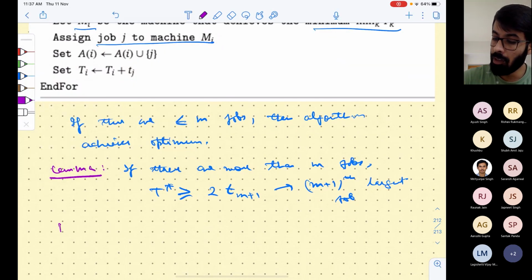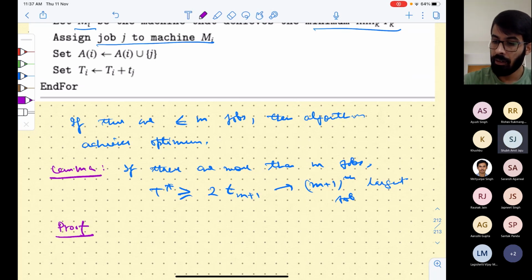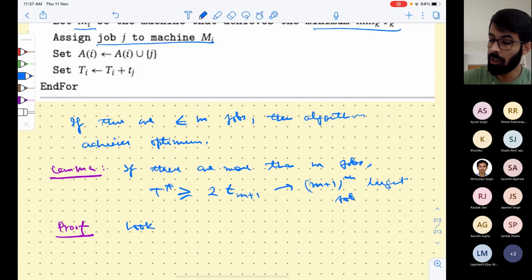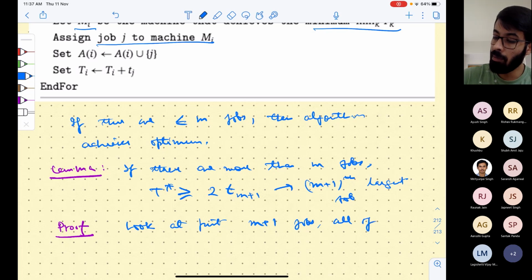So any idea about the proof of this lemma? At least one machine will have to do a job twice. At least this much, twice, right? So just look at the first M plus 1 jobs. All of them require time greater than or equal to t_{M+1}.